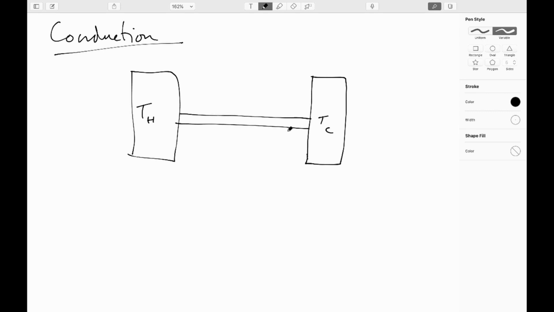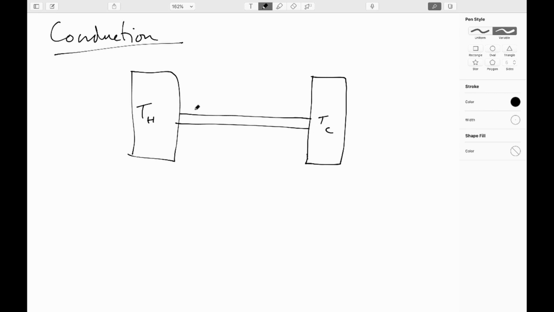And then let's just say they're connected together by something. If there's a temperature difference, atoms will collide here, and then along nearest neighbor, nearest neighbor, nearest neighbor. And each time, whoever has more kinetic energy is going to lose, whoever has less kinetic energy is going to gain. And so you're going to get a gradient of temperature across the bar.